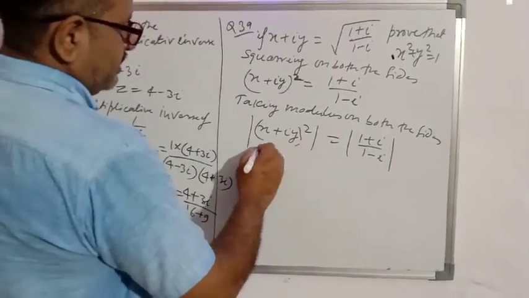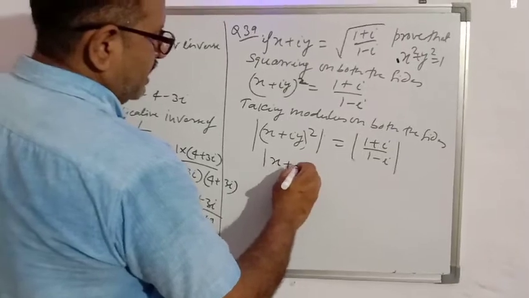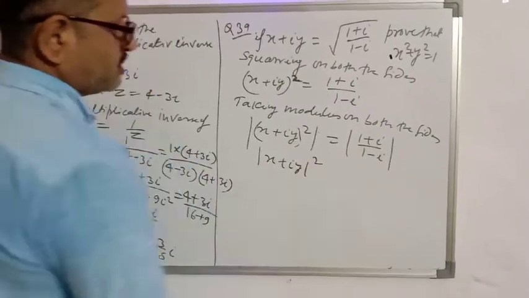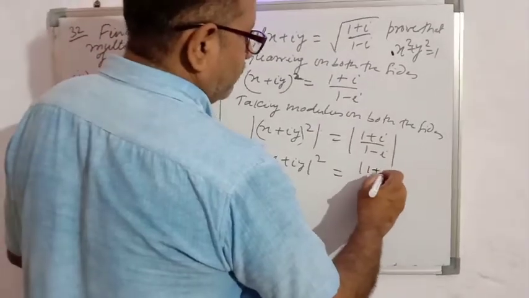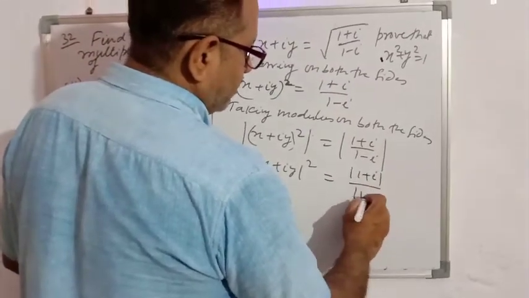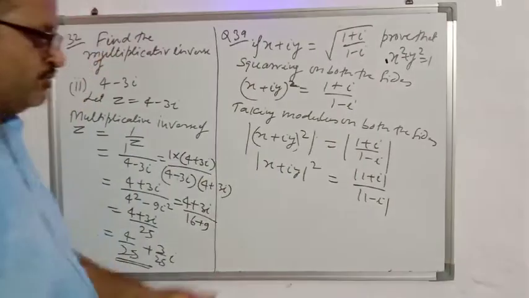What can we write? We can write it as x plus iy mod square. And this one can be written as mod of 1 plus i divided by mod of 1 minus i, using the property.